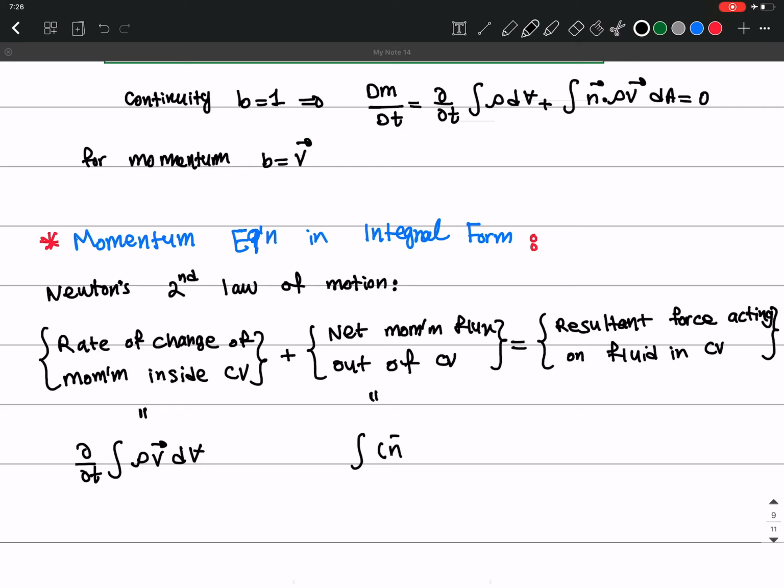So it's going to be the integral of n dot rho v times v dA, plus, equals to the resultant force acting on fluid in CV, which I just write as sigma F.